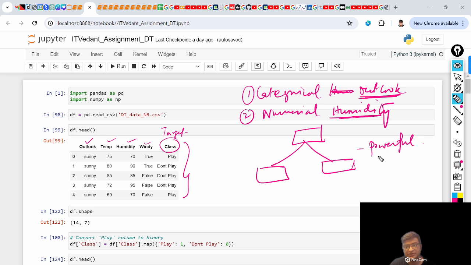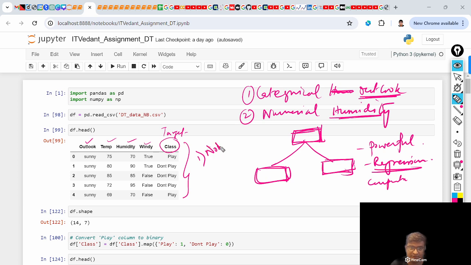It can also be used for regression problems, but in case of regression, decision tree is computationally expensive, and this decision tree is very robust. Okay, when I say robust, it can be used for any type of non-linear data. Okay, non-linear data.